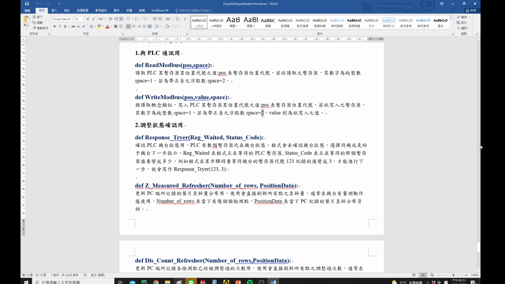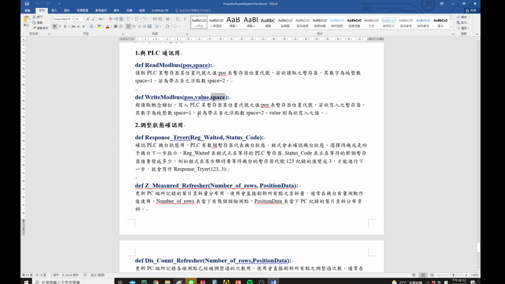So you write down the position of the register and the value, and the space depends on the number you write in.